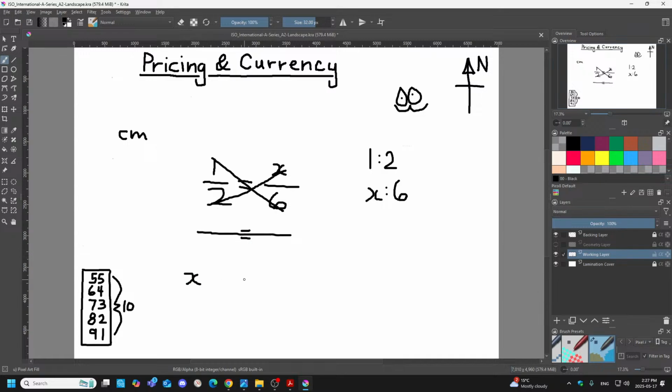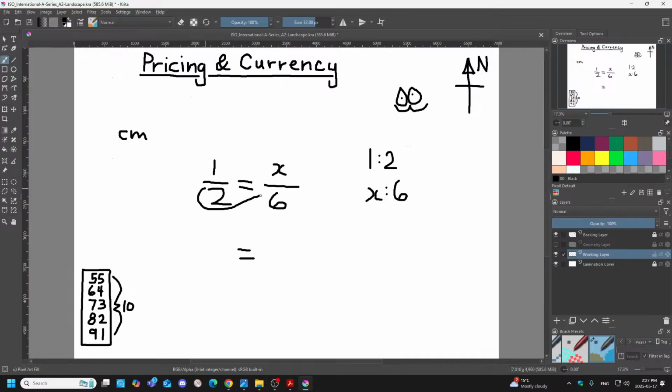And I always put x on the left side. So I'll show you what I mean. Okay, cross multiply. I want x on the left side of the equal sign. Okay, there's my equal sign. All right, so what we have is cross multiply: 2 times x.